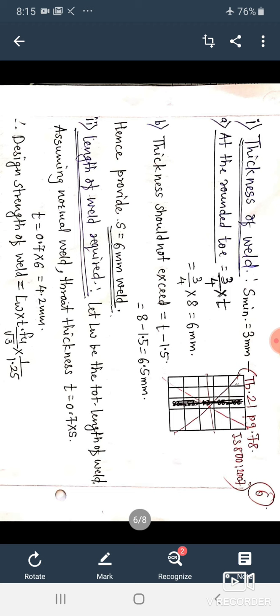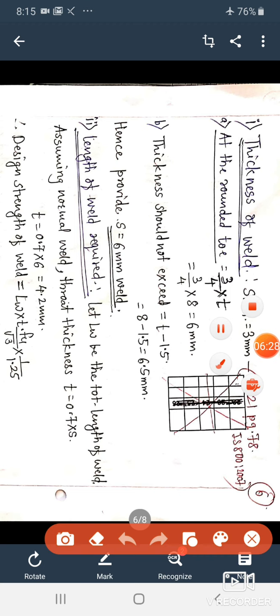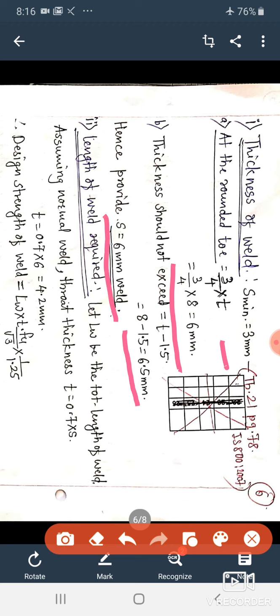So by 3/4 of T, I am getting the S max as 6 mm, and by T minus 1.5 I am getting it as 6.5 mm. So you have to select the size of weld in this range. It should not be more than 6.5 and it should not be less than 3 mm. So provide the size of weld equal to 6 mm.